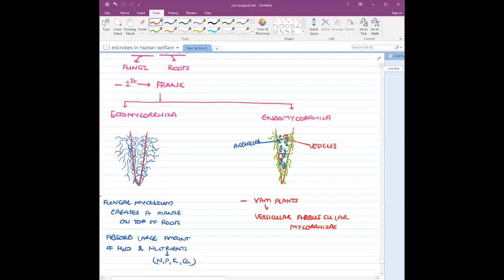But then what happens in this thing, guys? The most important thing, the mycelium penetrate into the cortical cells purposely. They are going to penetrate into the cortical cells, and here we are going to see that they absorb huge amounts of minerals and water, just like in your ectomycorrhiza.